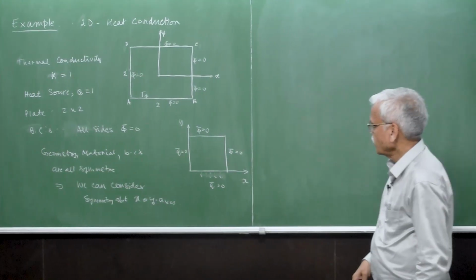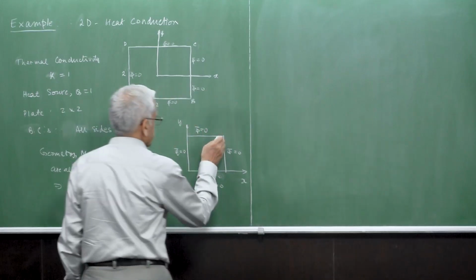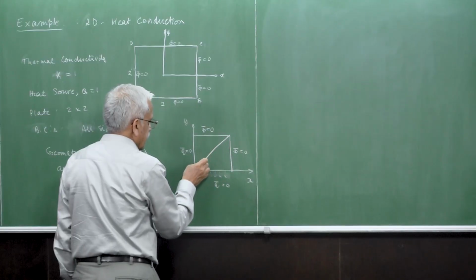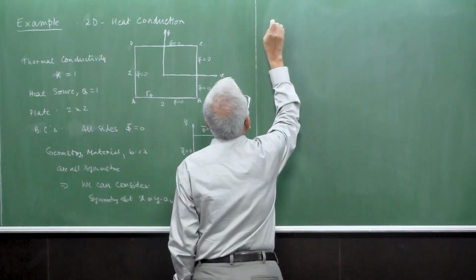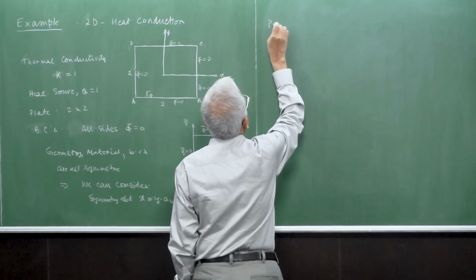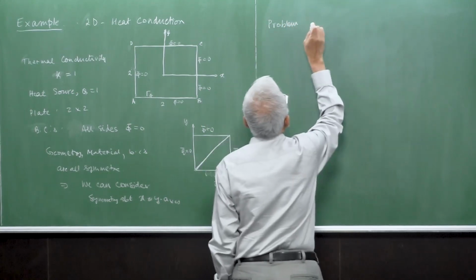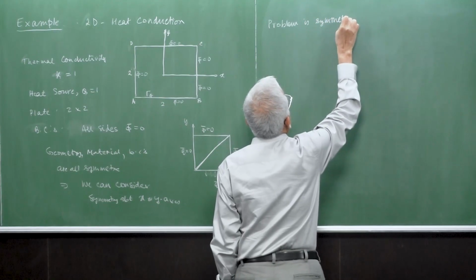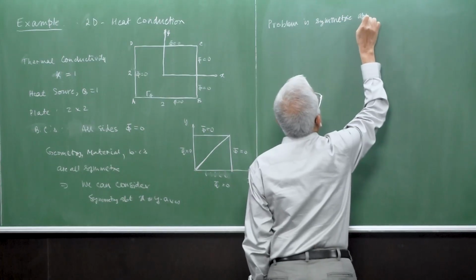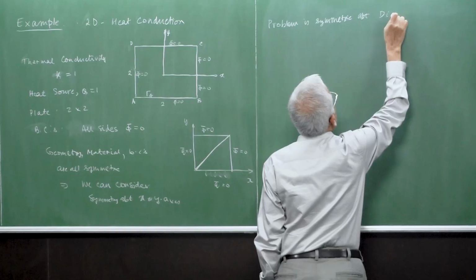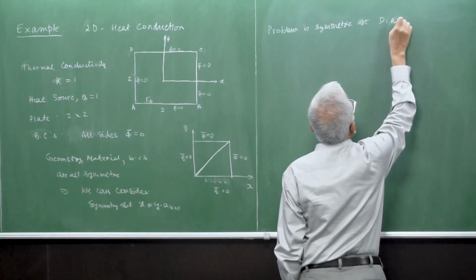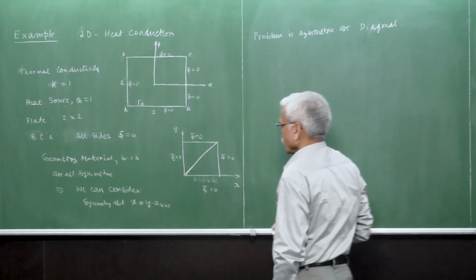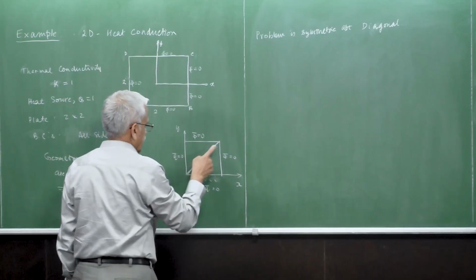Further, if you also consider the diagonal here, then again the problem is symmetric about the diagonal. You can see that the whole thing is symmetric about the diagonal.